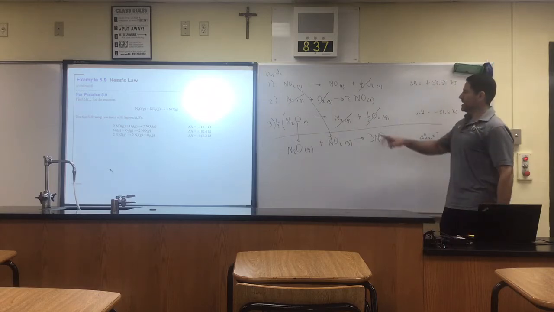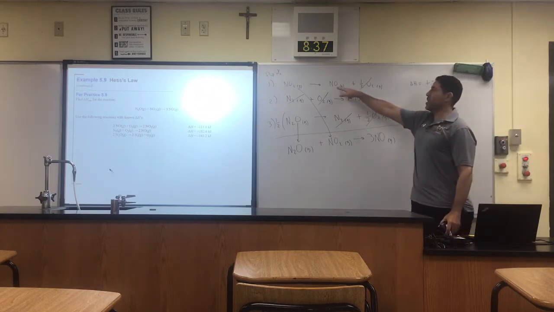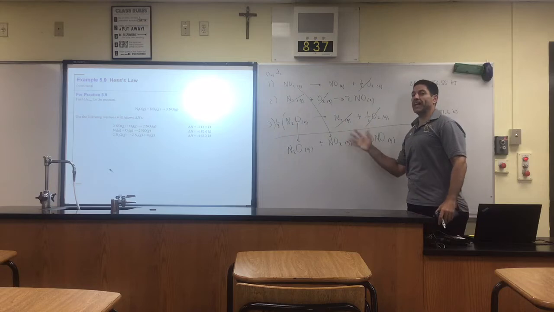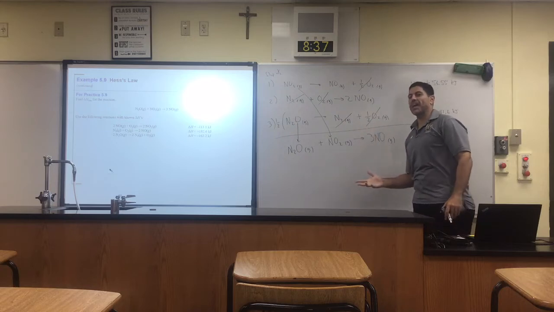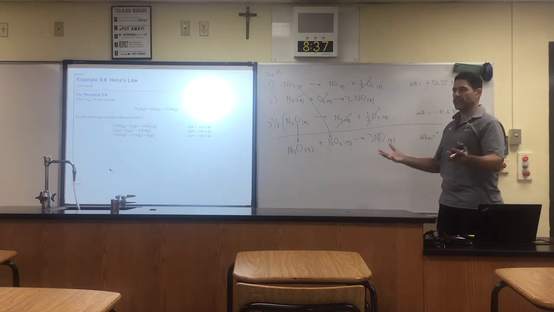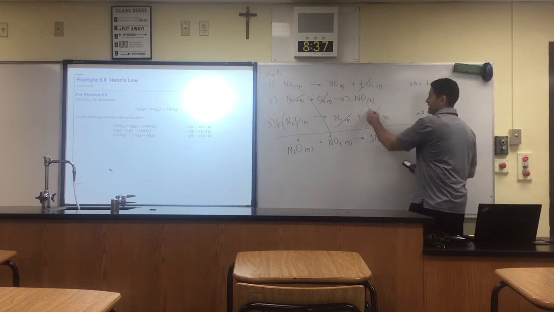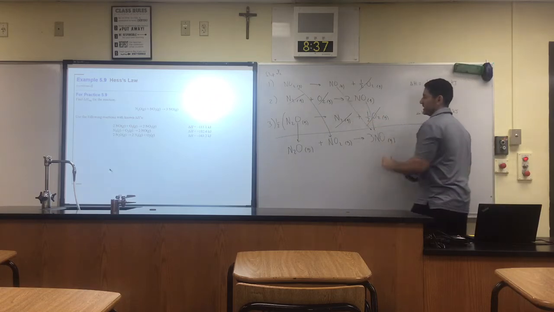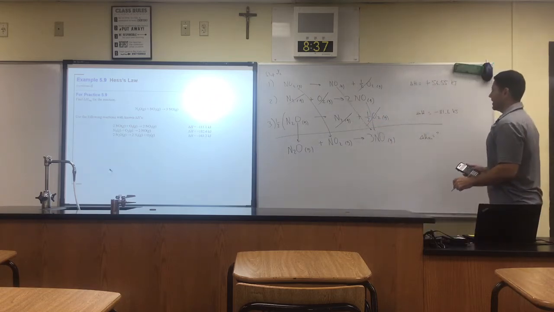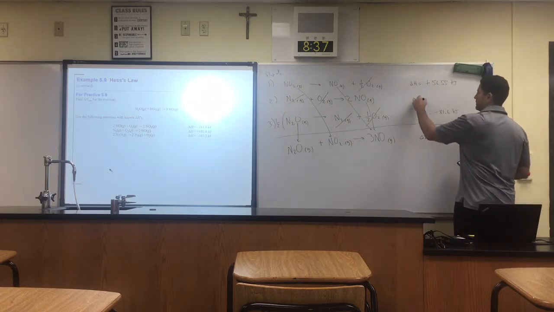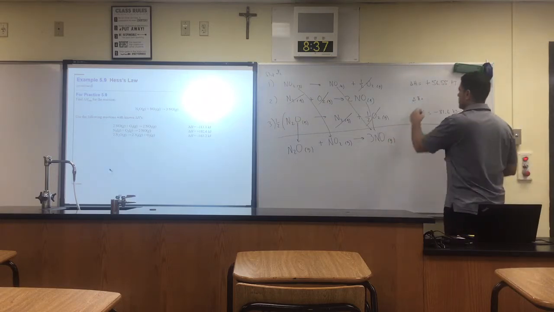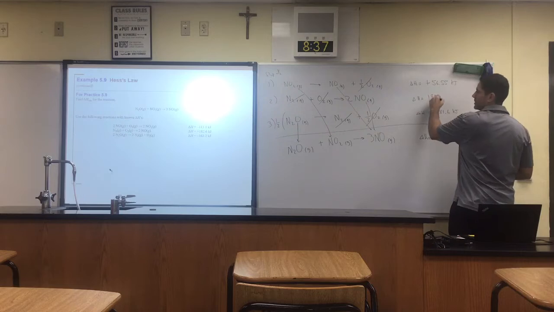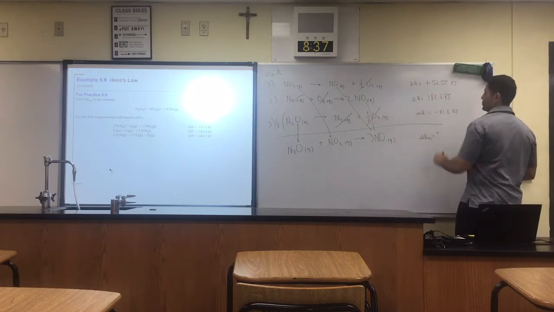Now, look at this. There are 2 NOs here and another one here, and they're on the same side. Add them up when they're on the same side. Subtract when they're on opposite sides. So when you add this, you get the answer. Now, I forgot to write the value here. We didn't do anything to this one. This one's 182.6 kilojoules.